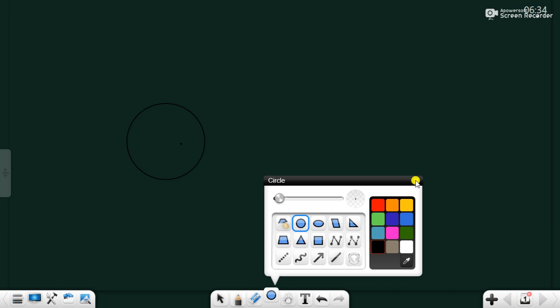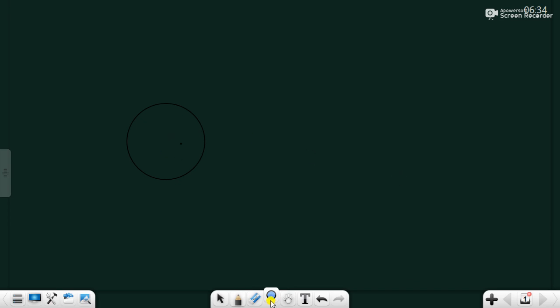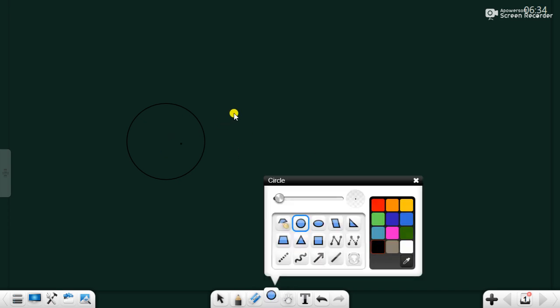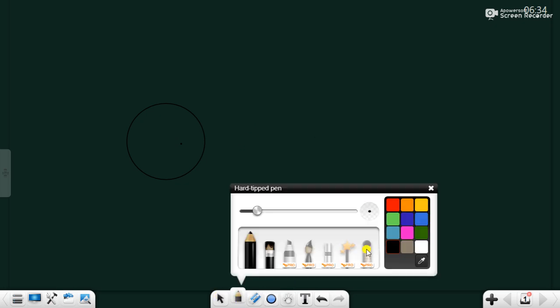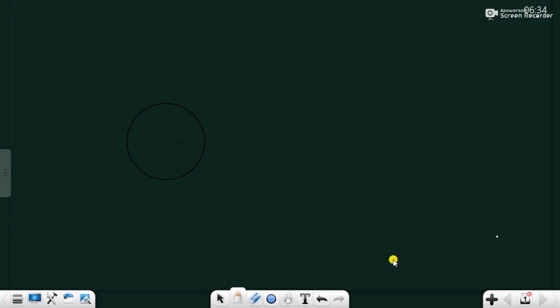Suppose this one is a circle, and suppose this is another circle, and we compare the circles. What do we compare? Suppose this is the center of this circle.